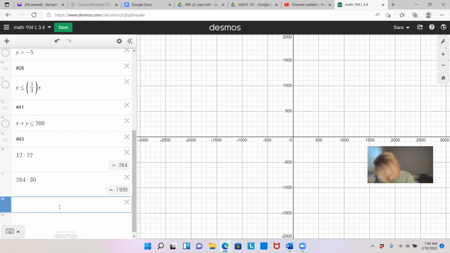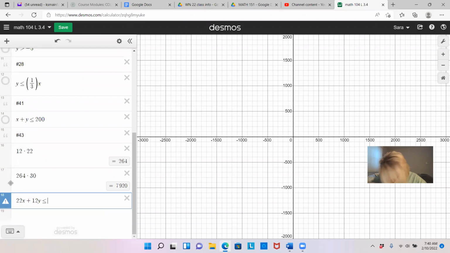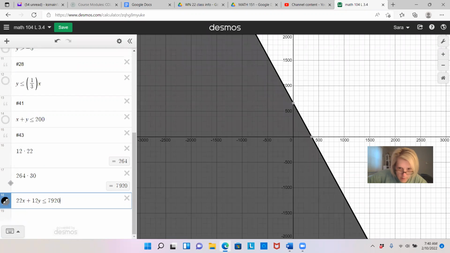So there's my equation, 22x plus 12y less than or equal to 7,920. Wow. There is our line.